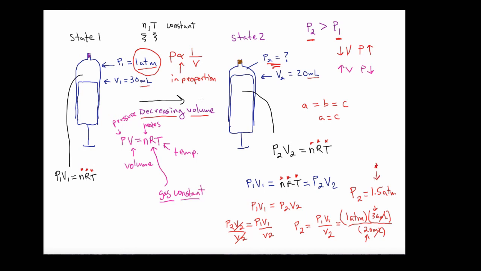So again, when we thought through this, we realized the pressure needs to be going up when we decrease the volume. So we can anticipate that when we did this calculation, we should be arriving at a pressure which was higher than what we started with, and that's indeed what happened here.